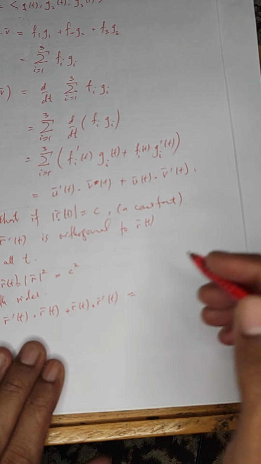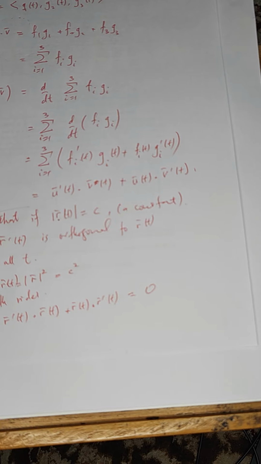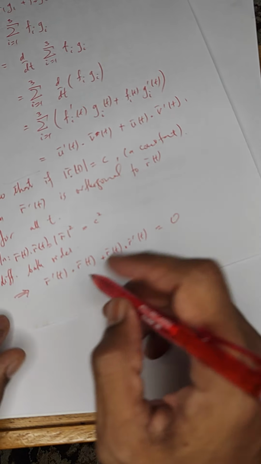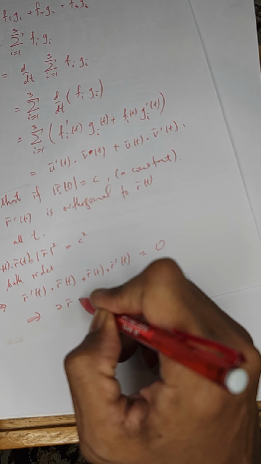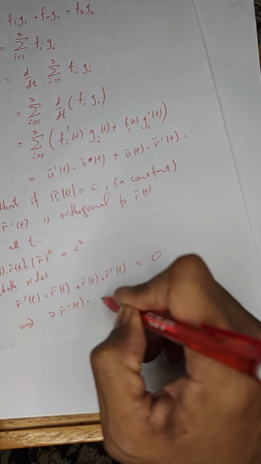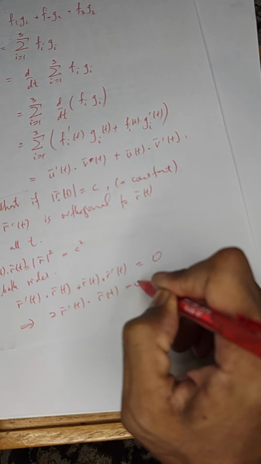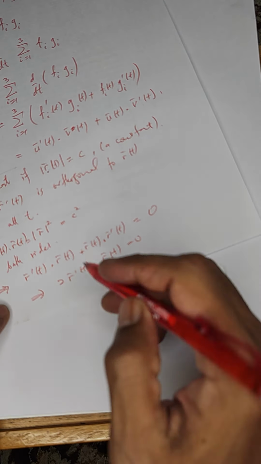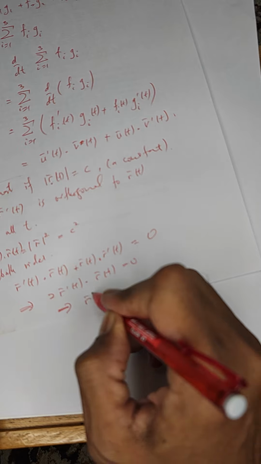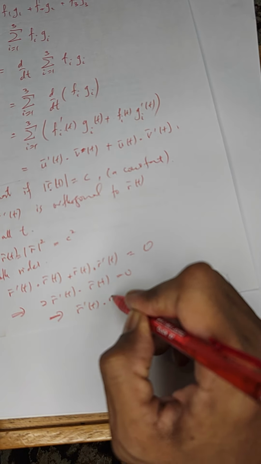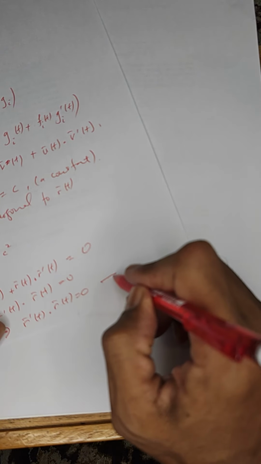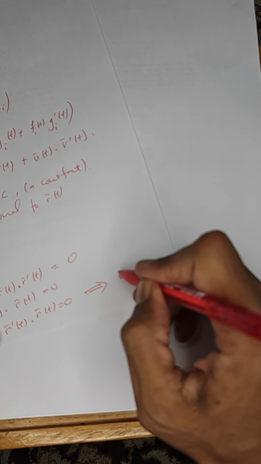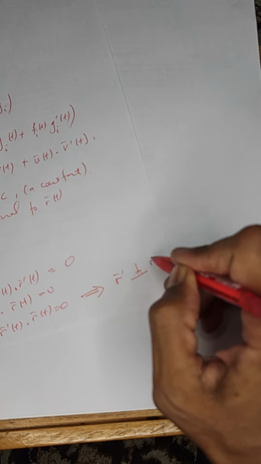This is just a constant. We differentiate with respect to t, it gives you 0. So from there we have 2 r' dot r that gives 0. So therefore r'(t) dot r(t) is 0. So this statement means that r' is always perpendicular to r for all t.